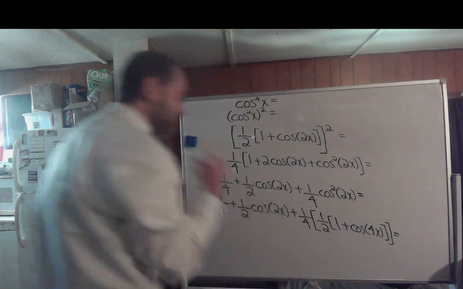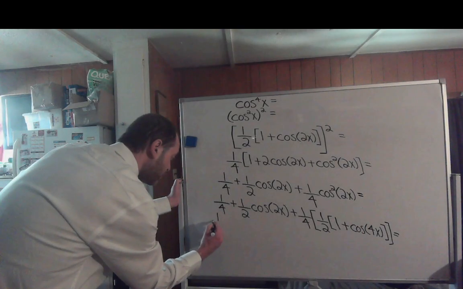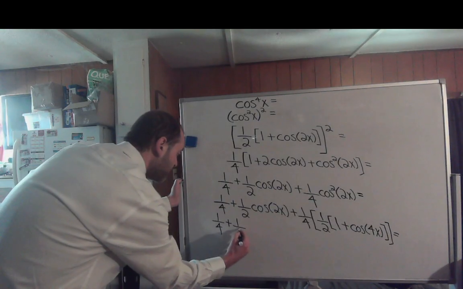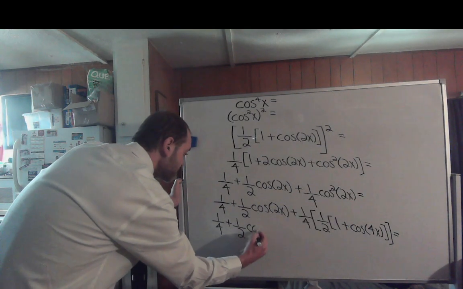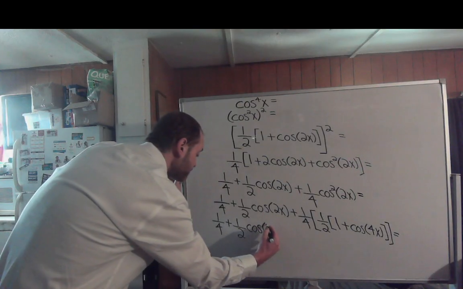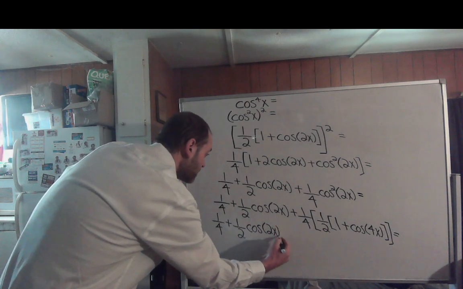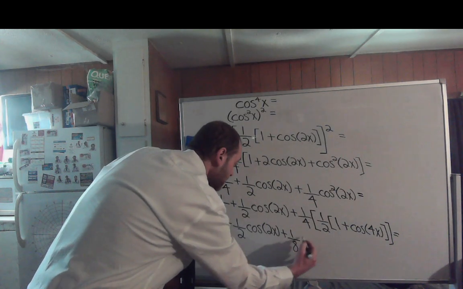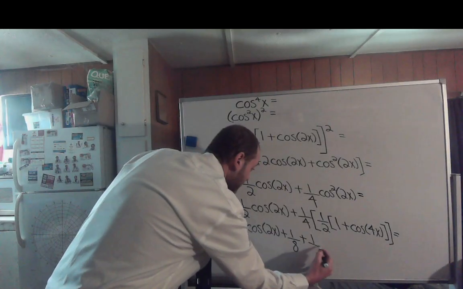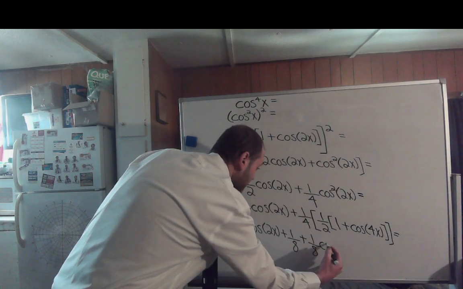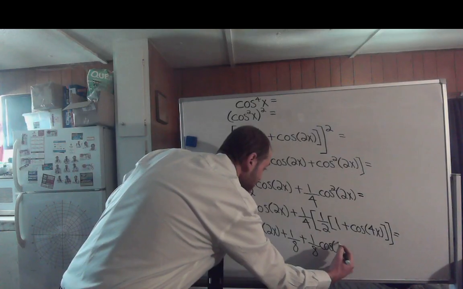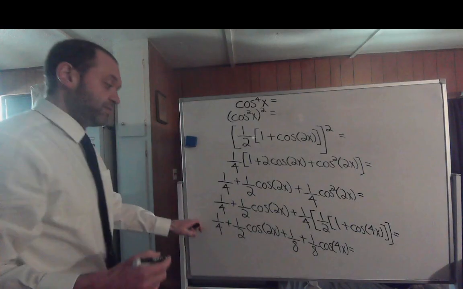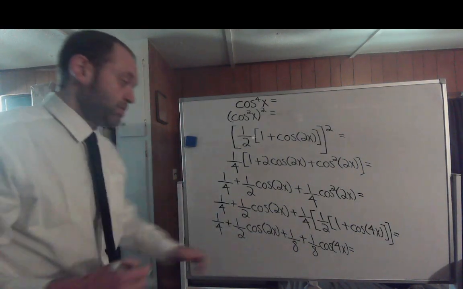And we can simplify this now into 1/4 plus 1/2 of the cosine of 2x plus 1/8 plus 1/8 of the cosine of 4x. The only other thing we can do to simplify now is add the 1/4 and the 1/8.